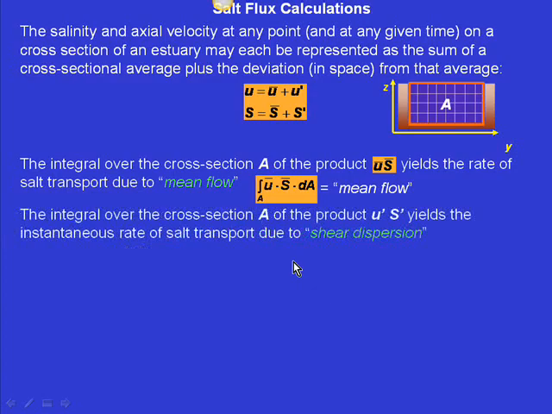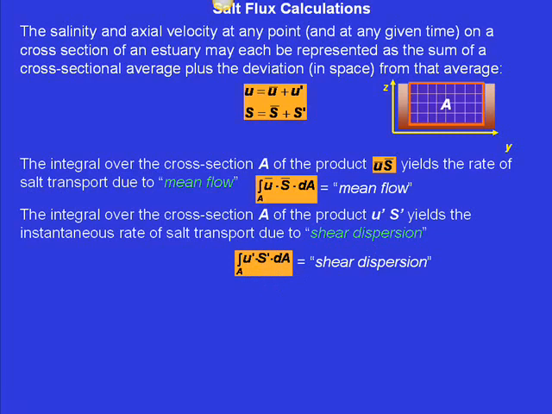Perhaps that would be the largest contribution, as we will see in a minute, but still, we're missing the fluctuations U prime, S prime, the deviations from the cross-sectional mean at each one of these grid points of the cross-section. That we call the shear dispersion. It's given by the product of U prime times S prime throughout the cross-section.